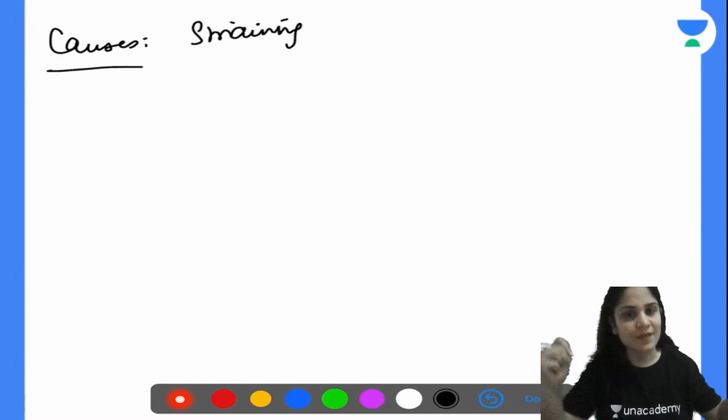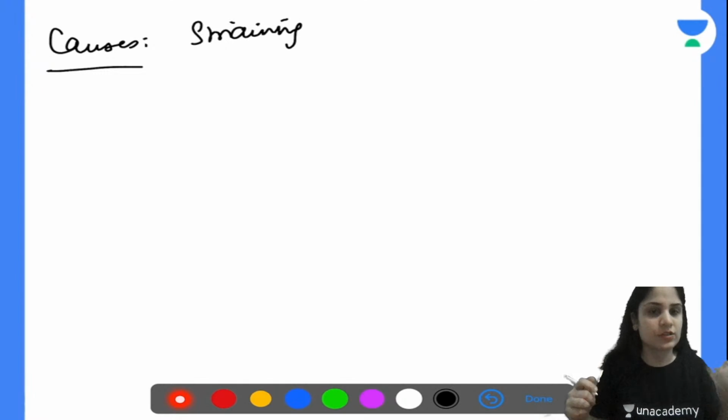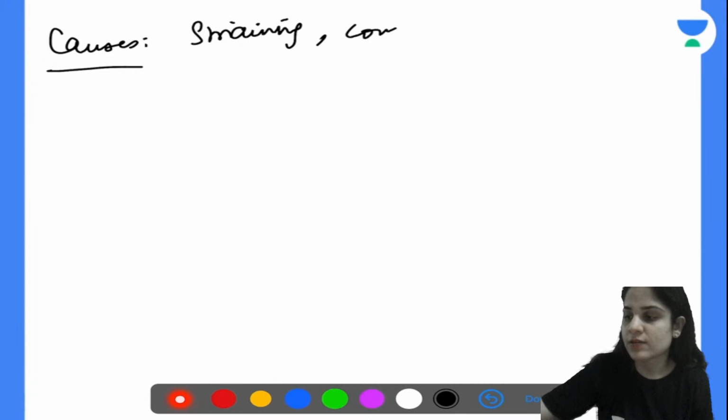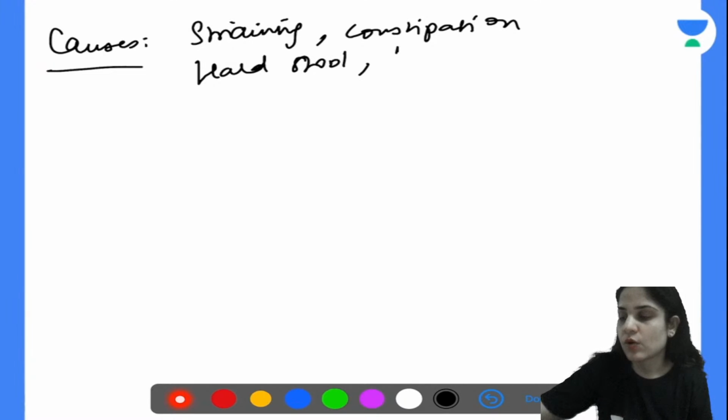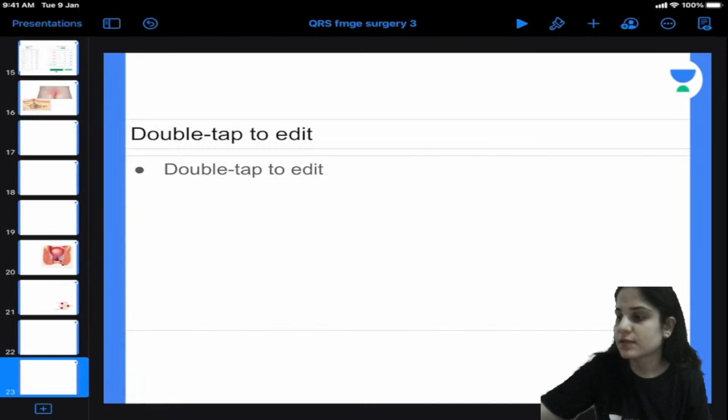When you are straining during defecation. When you have chronic constipation and you're continuously straining, that is the time when you have the anal cushion sliding down. So people who are straining during defecation, people with constipation, people with hard stool, this is usually seen in people who have a low fiber diet.